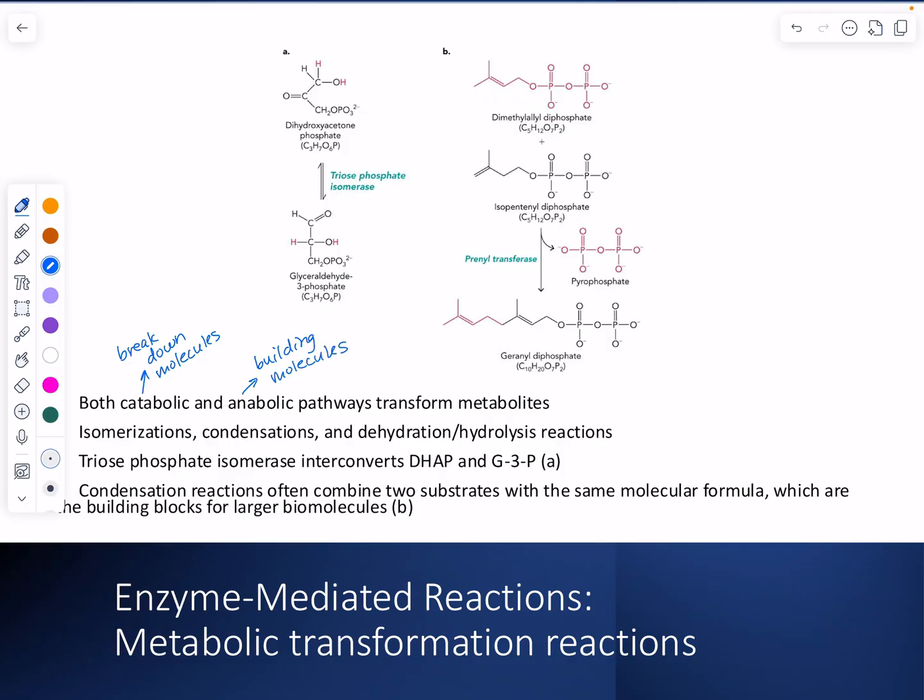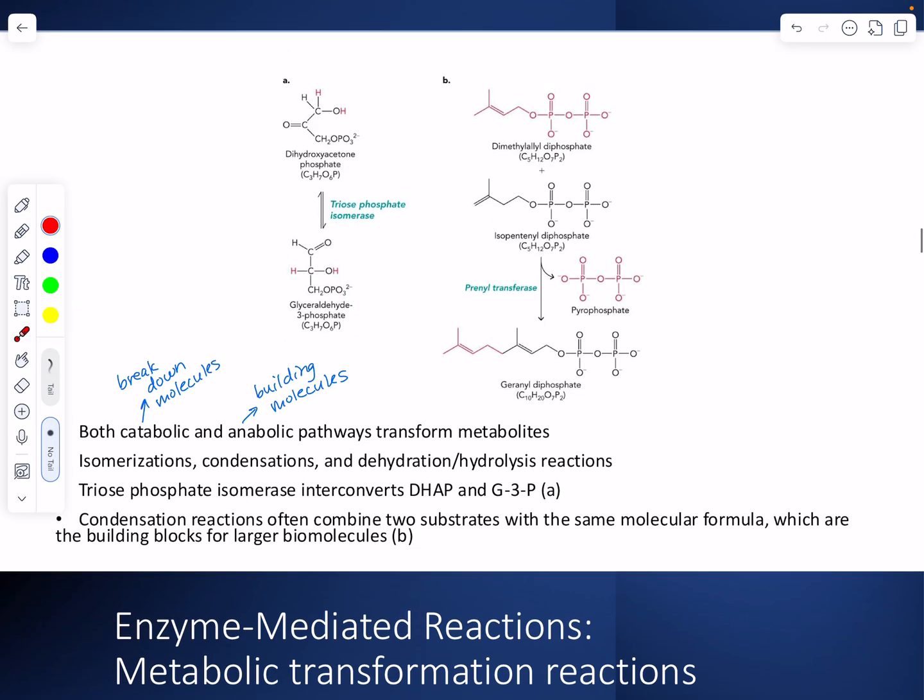So these metabolic transformation reactions are going to be things like isomerizing things, so changing the connections or stereochemistry. We're going to be having condensation, so joining molecules to build bigger molecules, and things like dehydration or hydrolysis reactions, so either removing or adding water to break things apart, put them together.